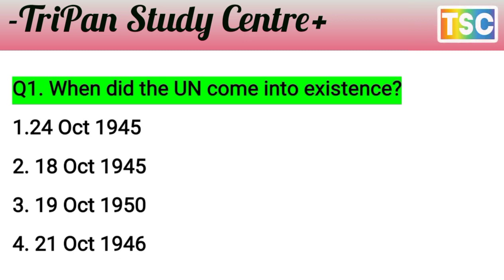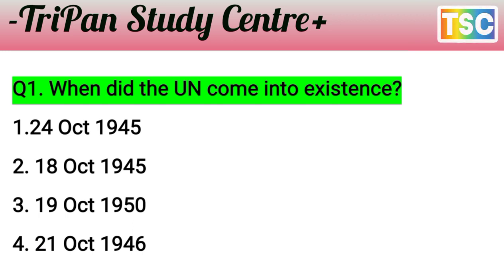That's important here. Two options are very similar, the first and second, both 1945, meaning they are near each other. But the third and fourth options are different: 19 October 1950 and 21 October 1946.